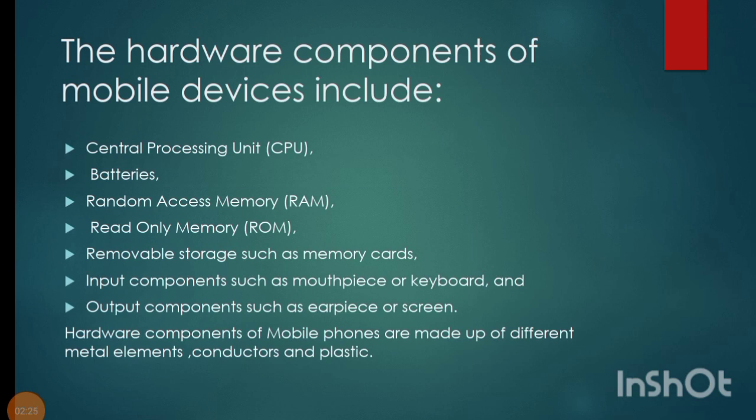The hardware components of mobile devices are the central processing unit, also known as its brain, batteries, random access memory, which is RAM, ROM, that is read only memory, removable storage such as SD cards, input components such as mouthpiece or keyboard, and output components such as earpiece or screen. Hardware components of mobile phones are made up of different metal elements, conductors, and plastics.